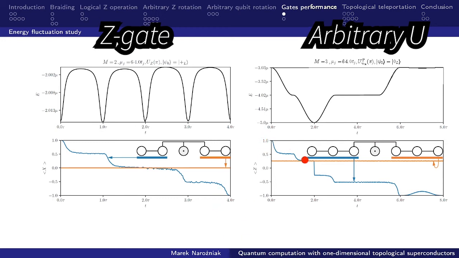And same here. We also see that the protocol is more complicated. Different things happen in the middle. The state goes from 0 to 1, so it got rotated about X. Let's take a look at the energy fluctuations. For the Z rotation, the energy fluctuations are really small in units of mu.